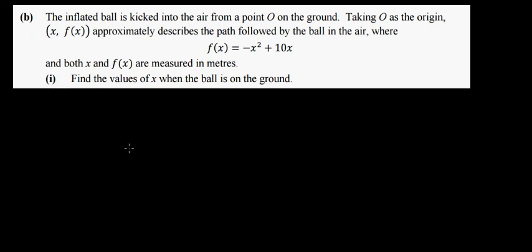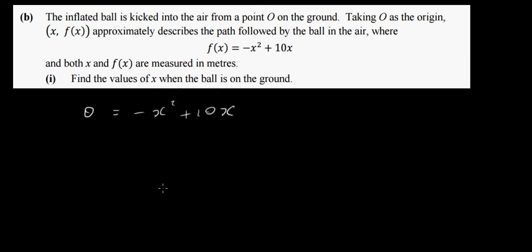Well, when the ball is on the ground, the height here is going to be 0. So the height here is given by f of x. So we're going to take 0 is equal to minus x squared plus 10x.